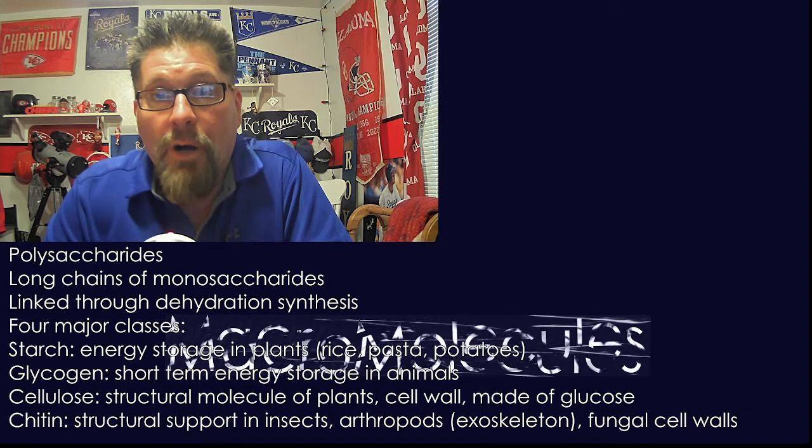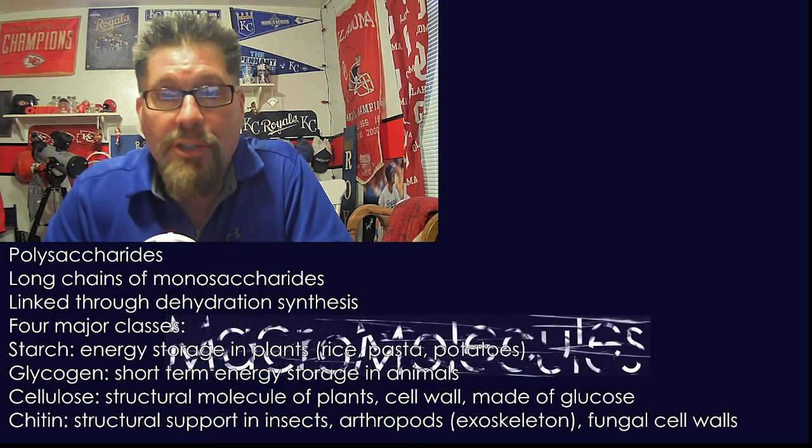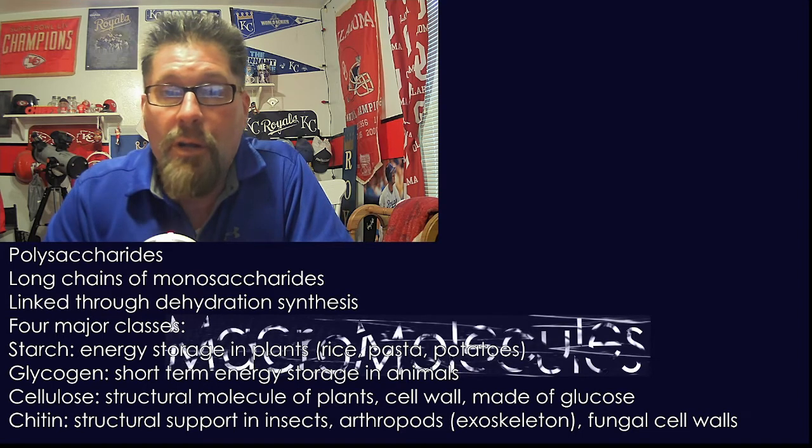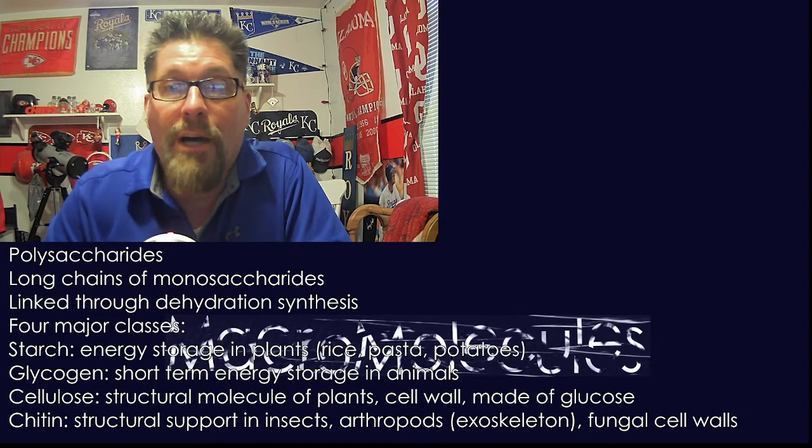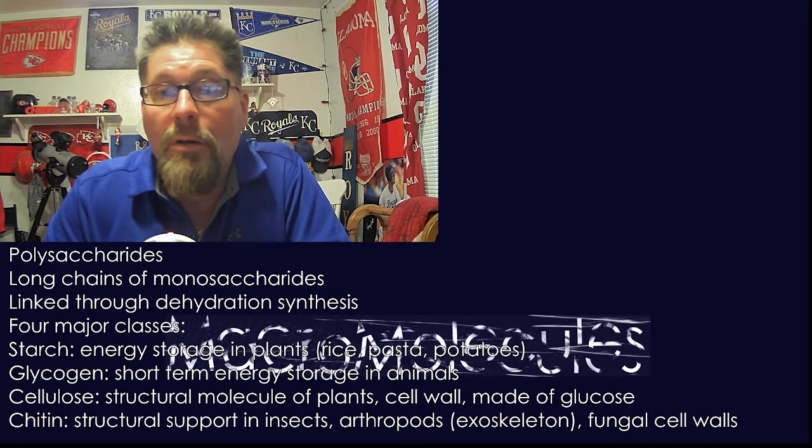Again, it's built through dehydration synthesis. That water molecule leaves. We've got the OH attachment points. We've got the bonding elements. All those processes that we've talked about. As I mentioned, that dehydration synthesis, that's something we talk about all the time, and hydrolysis as well.